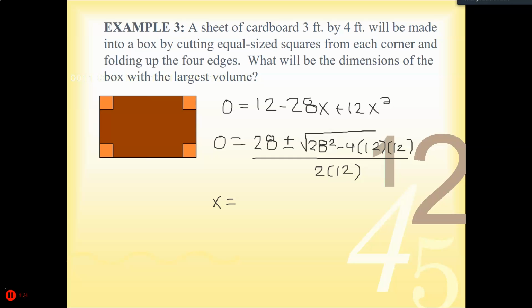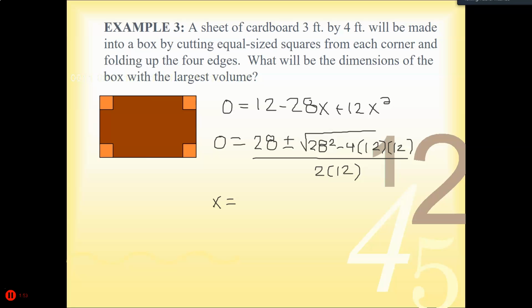So you'd have your 28 squared minus your 4 times 12 times 12. So it gave you 208.